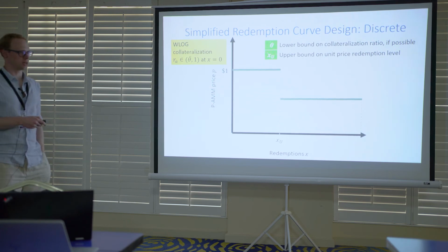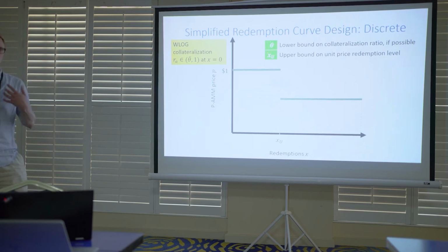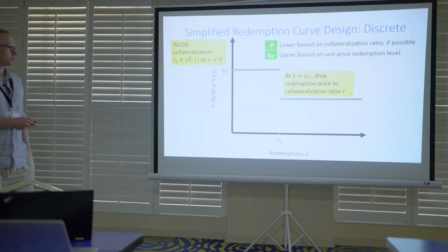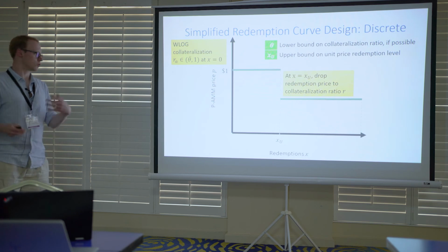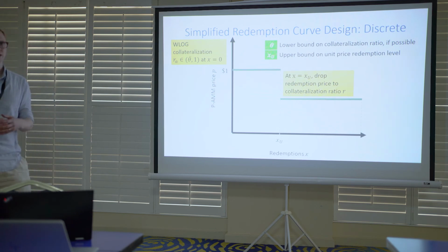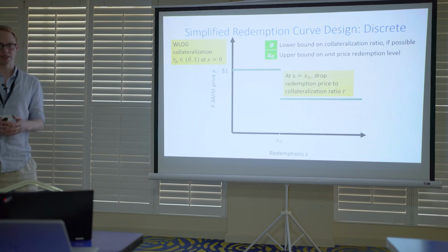This ensures that as long as the redemption pressure is not too large, we always support the peg of the stablecoin as well as possible. As soon as we are at this point, we drop the redemption price to the collateralization ratio, and this we can keep infinitely. So for example, if the coin is 80% collateralized, we can redeem at 80 cents on the dollar.